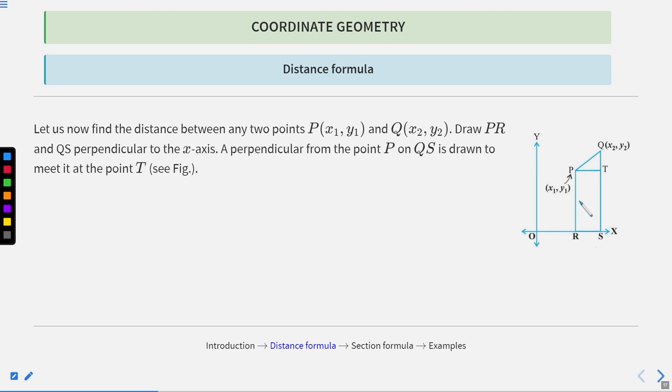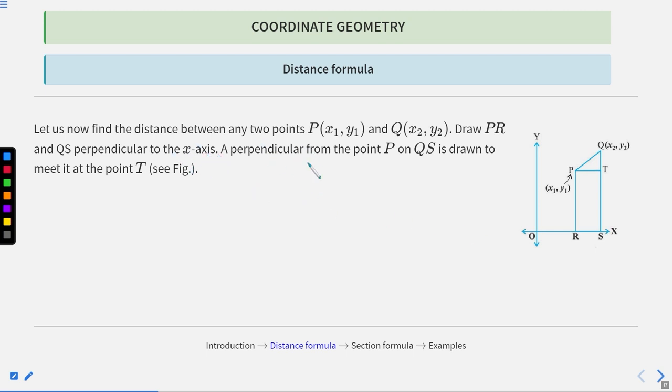So let us now find the distance between any two points P x1 comma y1 and Q x2 comma y2. Okay, so if we have any two arbitrary points P x1 comma y1 and Q x2 comma y2, we first have to draw PR and QS perpendicular to the x-axis.